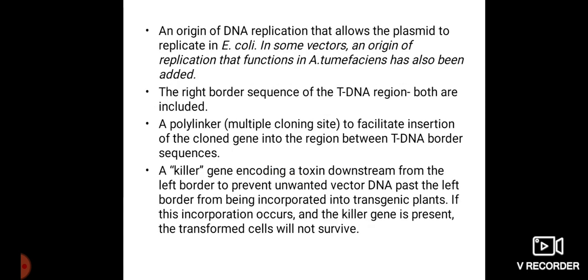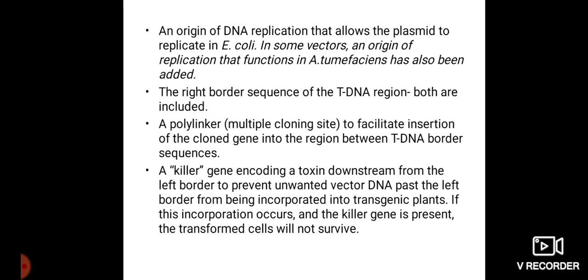These vectors have an origin of DNA replication that allows the plasmid to replicate in E. coli, and in some vectors the origin of replication of Agrobacterium is also added.